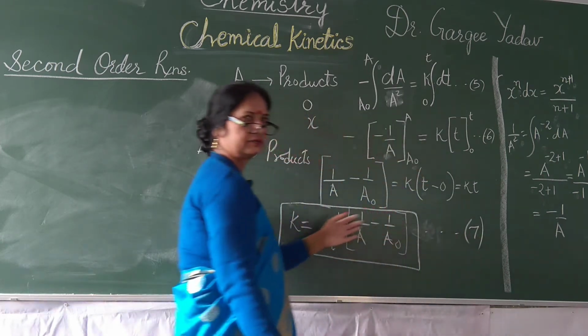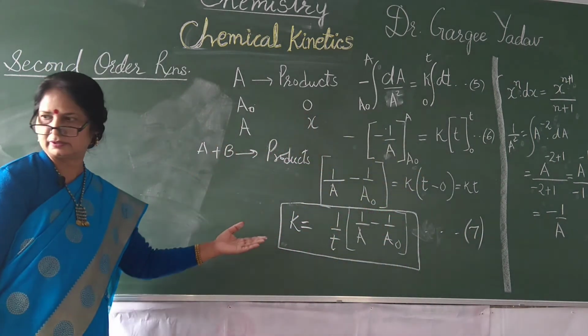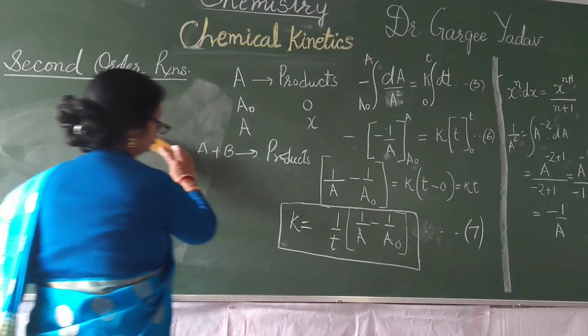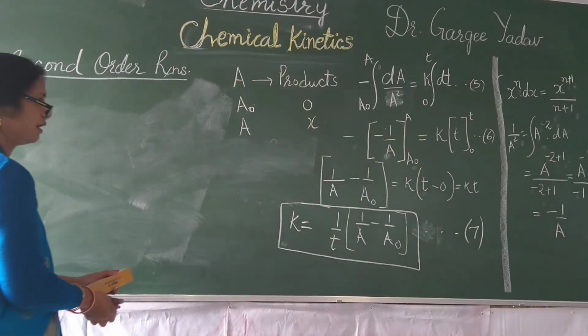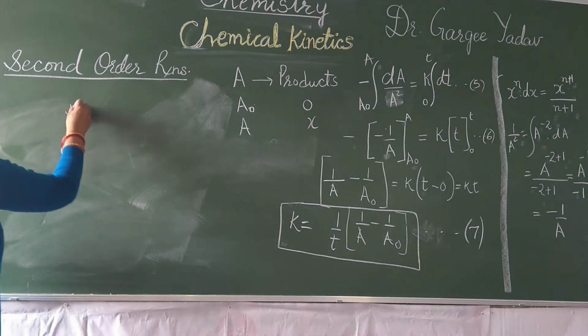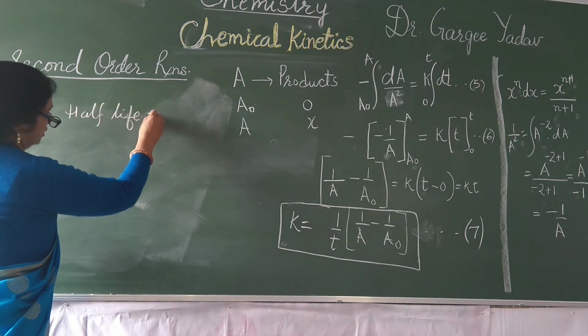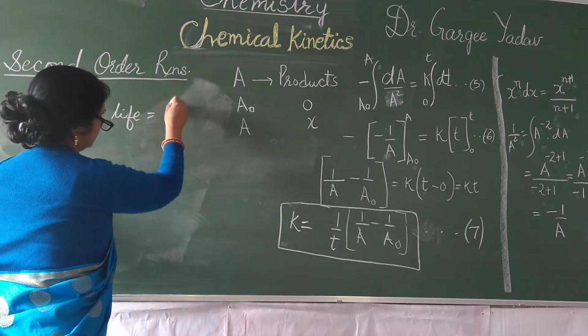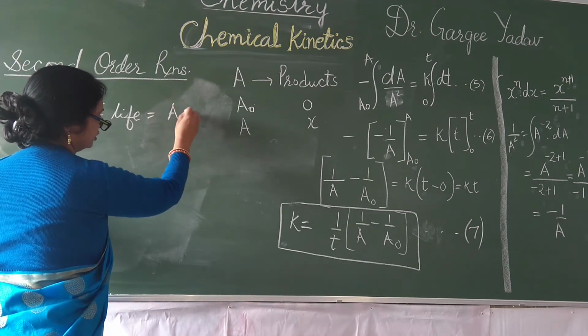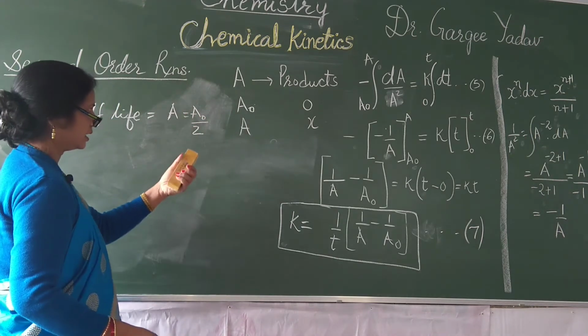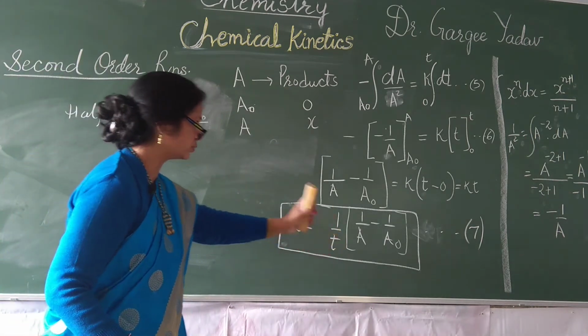This is our very important equation, the integrated rate equation for a second order reaction. Half-life means when half of the reactant has dissipated, means A is equal to A naught upon 2. So we will substitute A as A naught upon 2 in equation number 7.